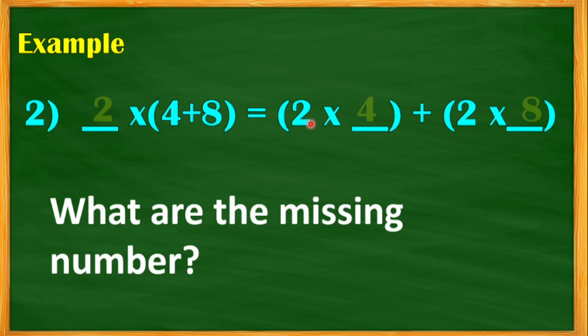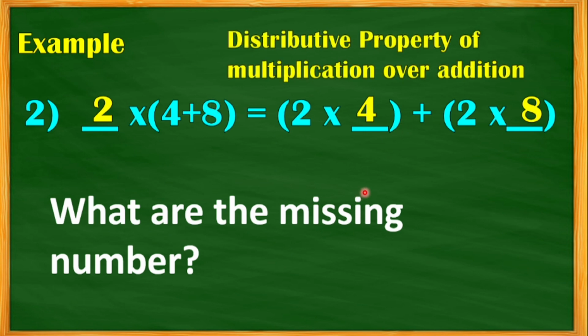This would be the value of 2, and inside the parentheses are 4 and 8. So distribute 2 to 4, 2 to 8. This is the distributive property of multiplication over addition. The missing numbers are 2, 4, and 8.